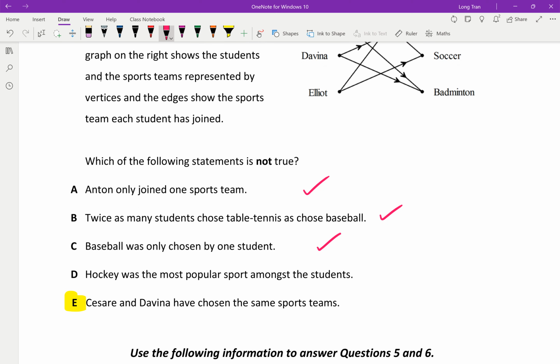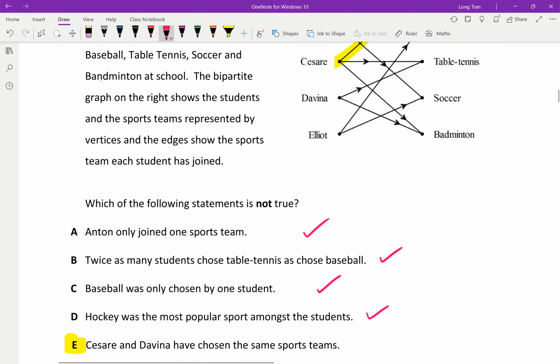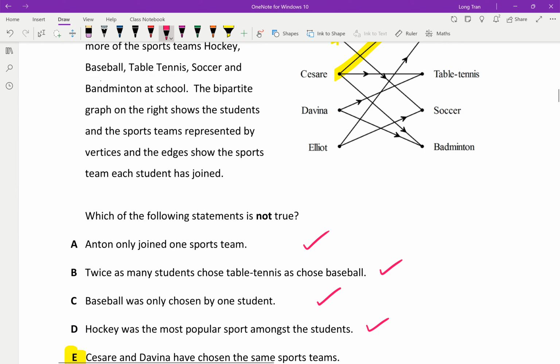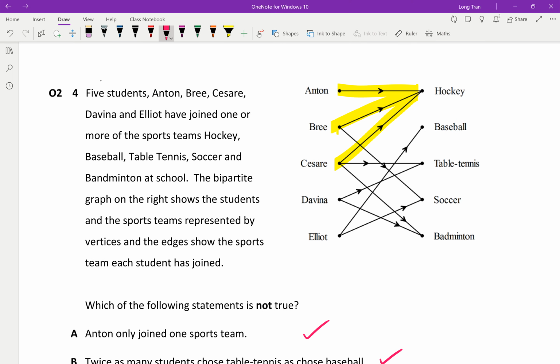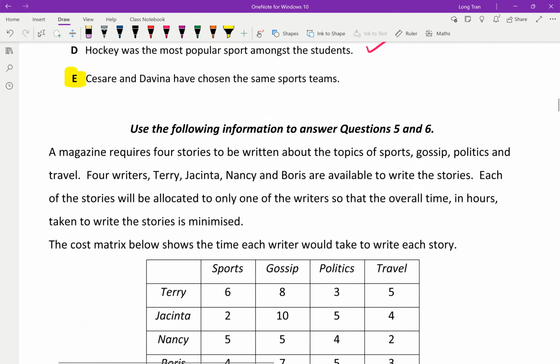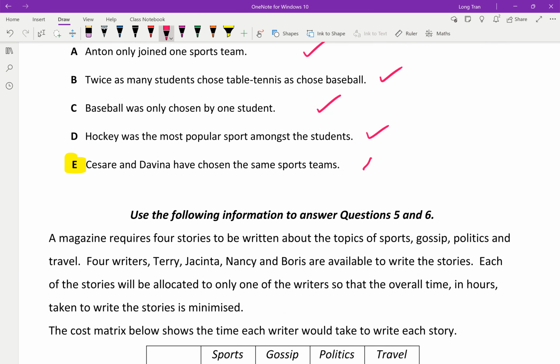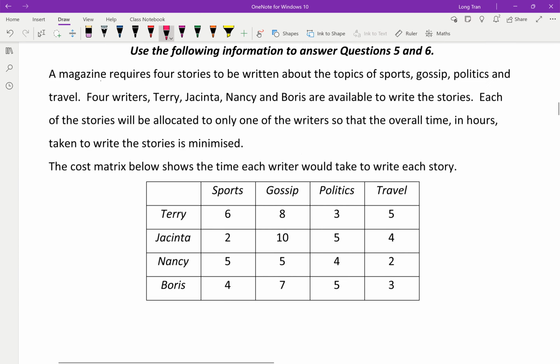By process of elimination, we can probably say E is correct, but let's just double check. Davina have chosen the same sports. Have they? Yes, they did choose table tennis, but Davina also chose badminton, so not entirely true. So that's why E was the correct answer.